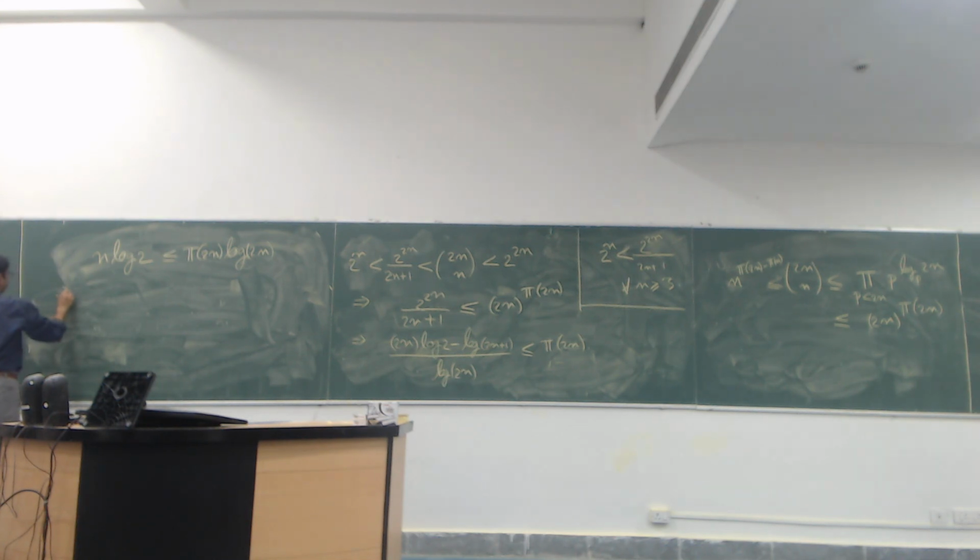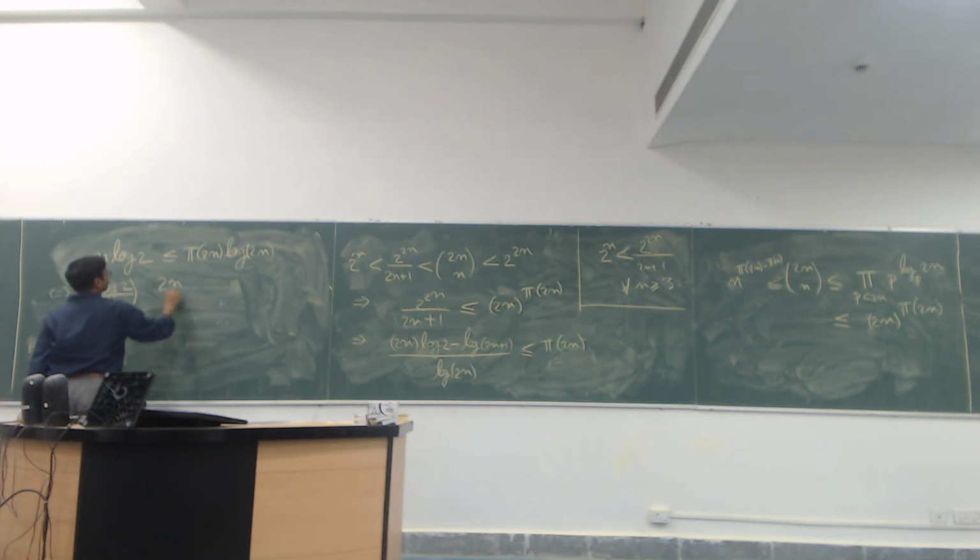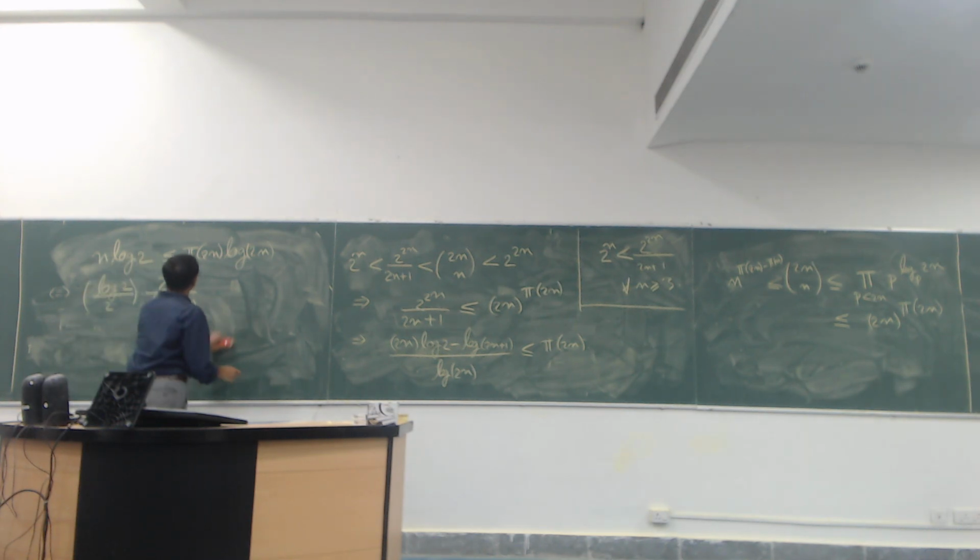That is, the constant here would be log 2 by 2 times 2n by log 2n, which would be less than or equal to pi 2n.